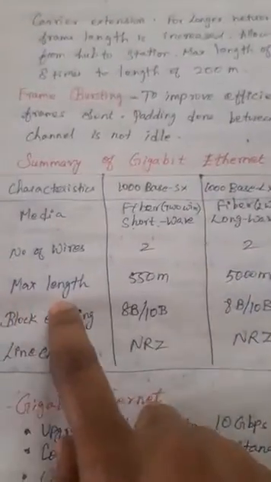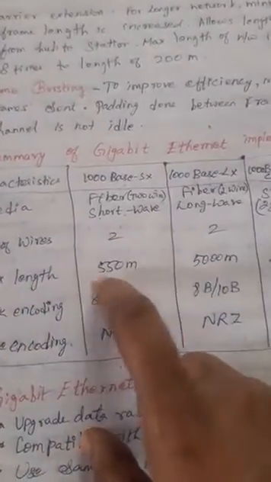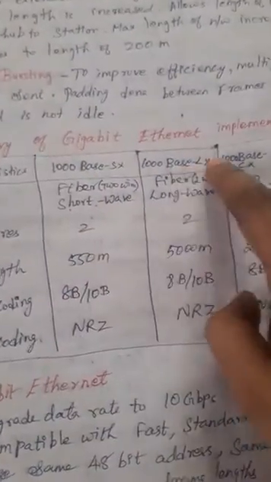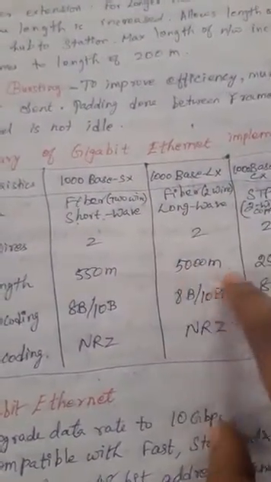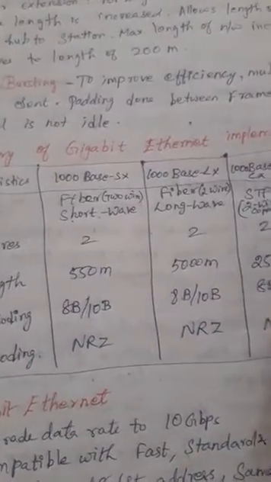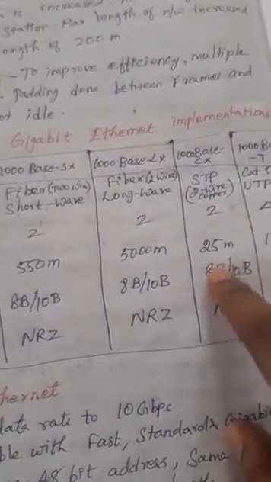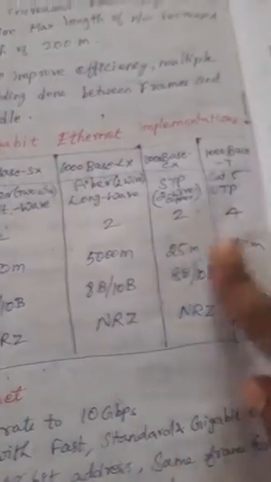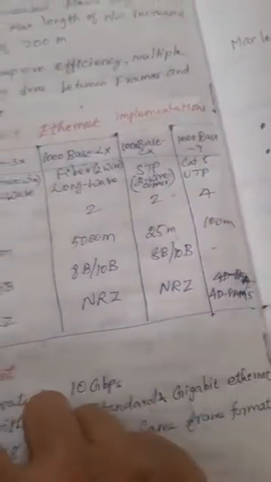Then the maximum length is 550 meters for Base-SX. For Base-LX we need 5000 meters, and 1000Base-CX needs only 25 meters. 1000Base-T needs 100 meters as a maximum length.